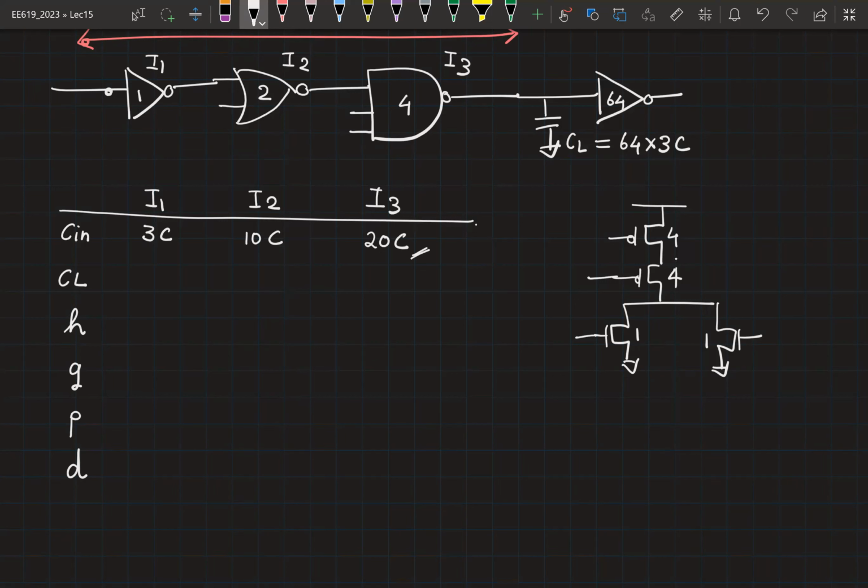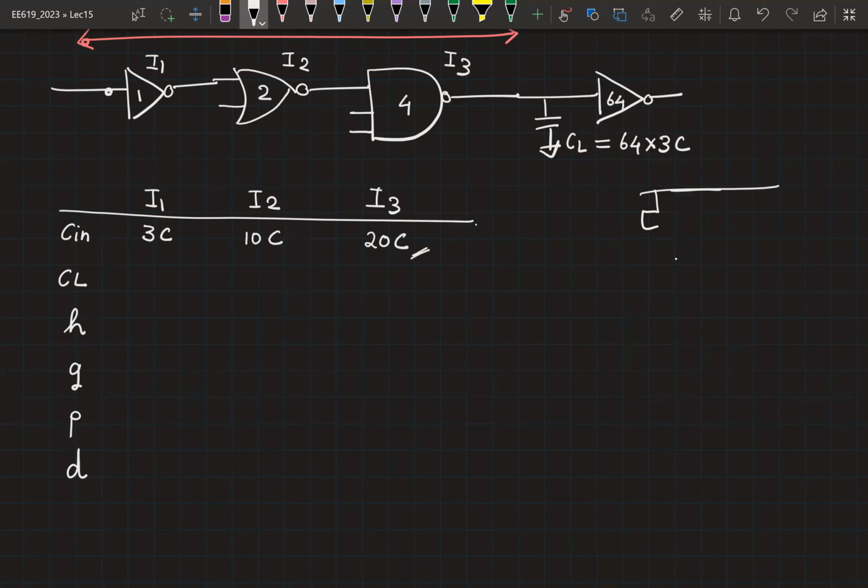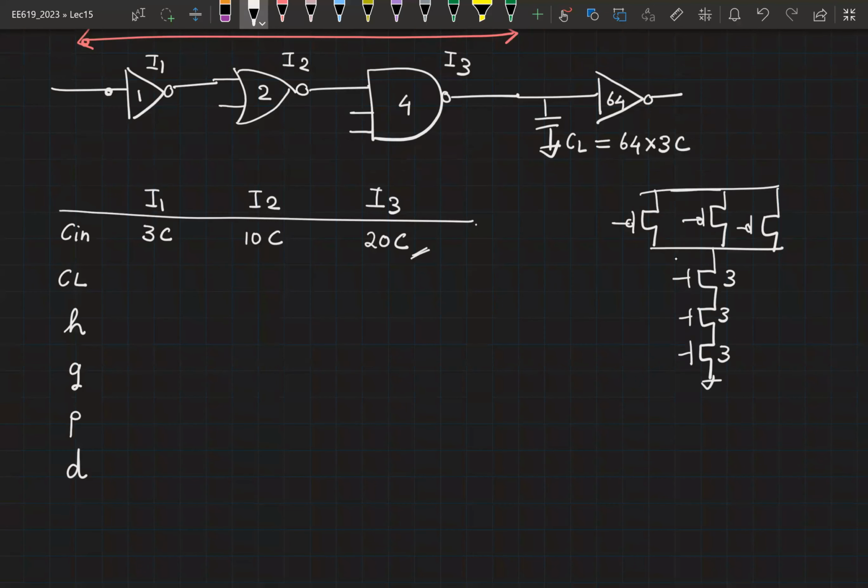You have a doubt? Let's quickly check. First we have to check the input capacitance for a NAND. These are sized at 3 and these are sized at 2.